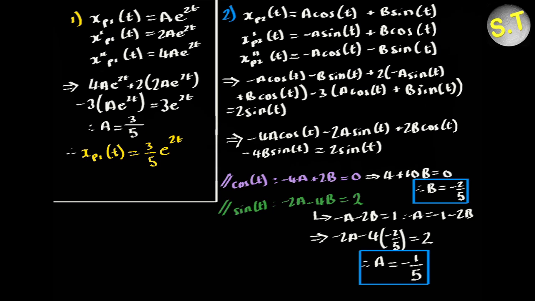So when we bring all this together, that means that our particular solution of the second part is going to be equal to, we said a times the cosine, so minus 1/5 cosine of t plus b, so minus 2/5 times sine of t. And now we have the particular solution of both parts of the right hand side of the equation.